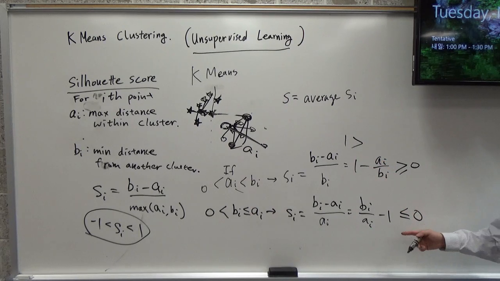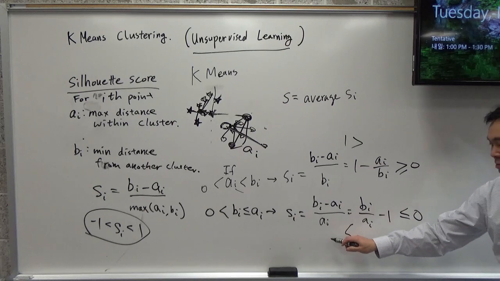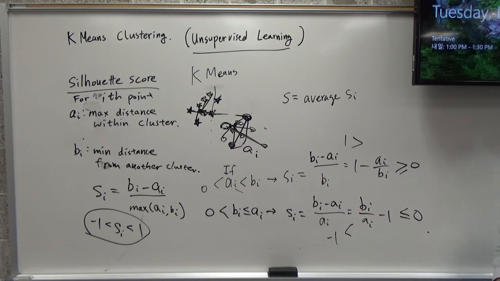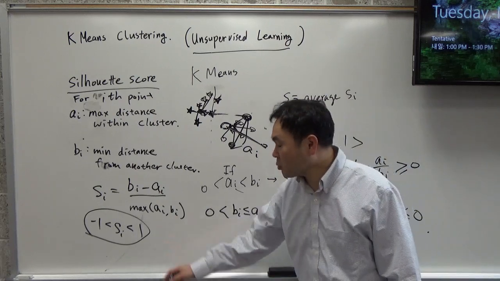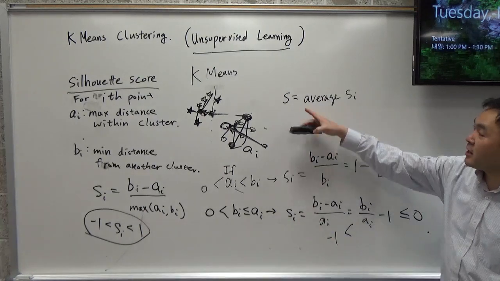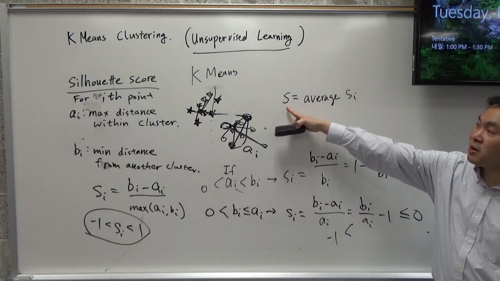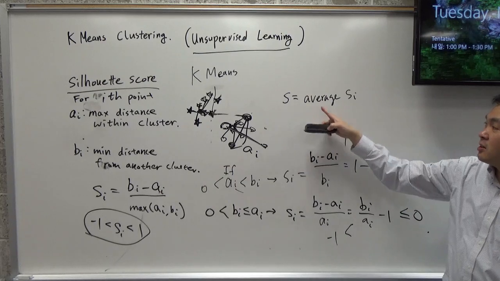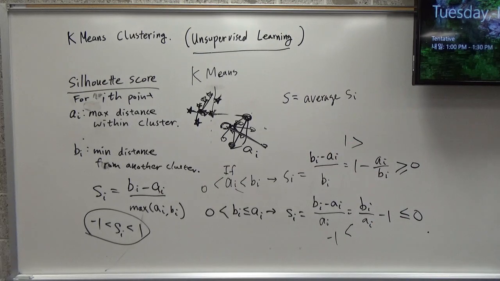This one, for the same reasoning, should be bigger than -1 and less than or equal to 0. So we know that the silhouette score for each point is a value between -1 and 1, and we're going to define the silhouette score of the entire classification as the average of SI.